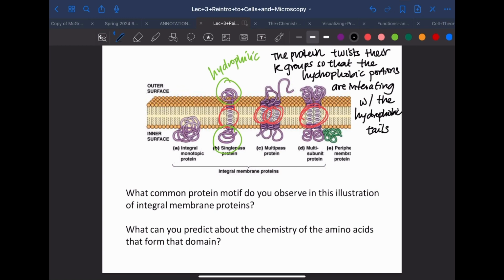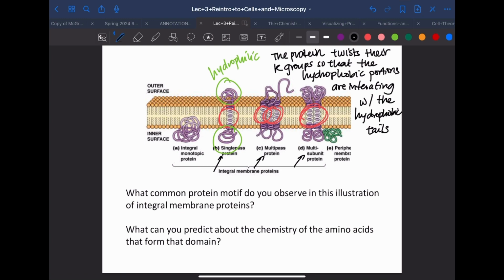And there's several ways you can do that. Like this one that I just labeled on, this one only does it once. This one does it 3 times, right? This one does it 2 times, right? So they can embed themselves in there multiple times depending on what R groups they have available.